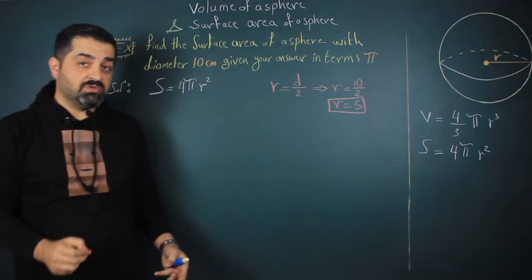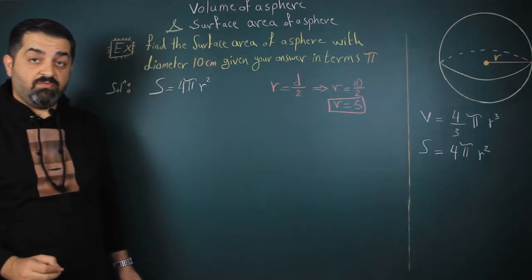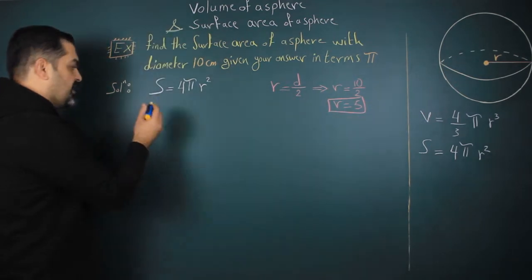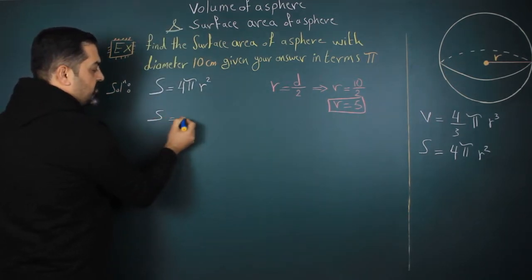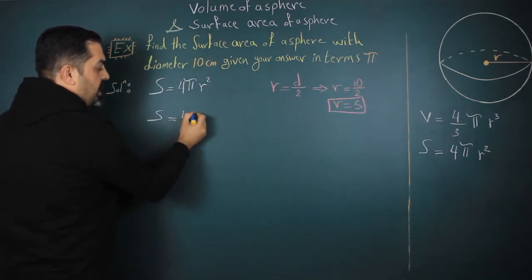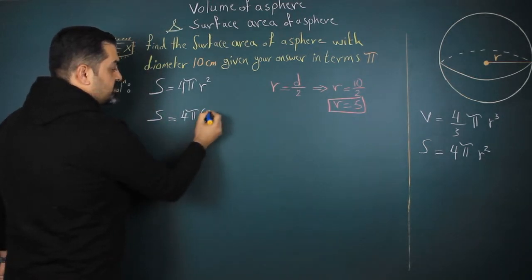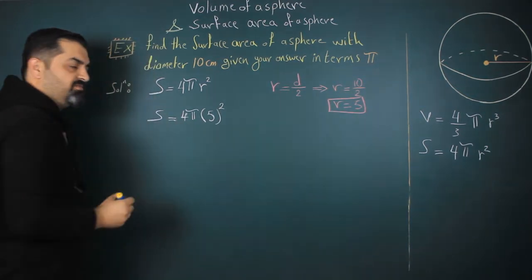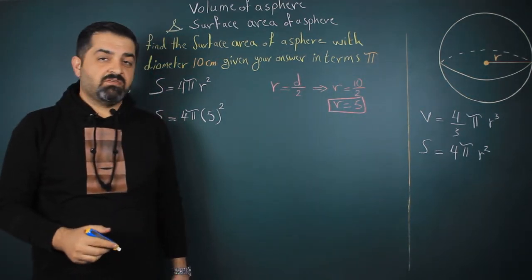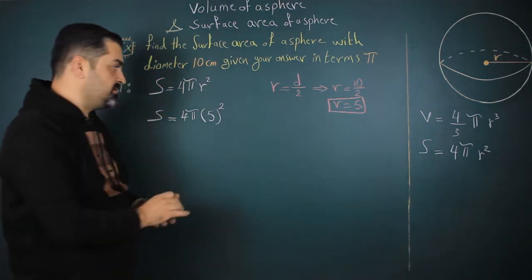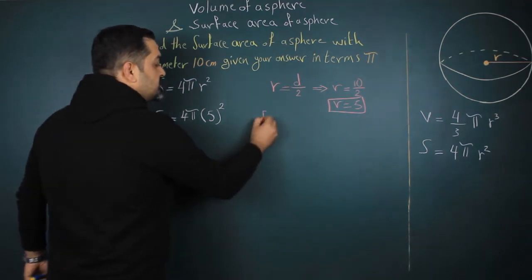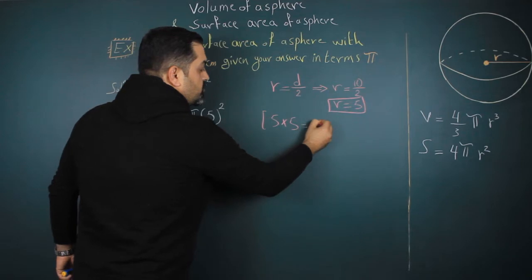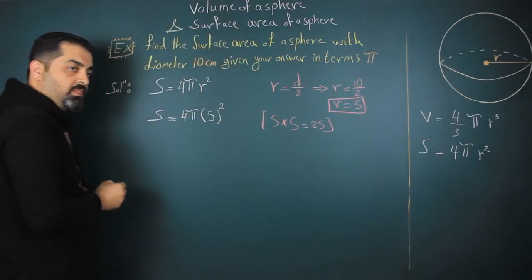All we need to do now is plug in the value of r in the equation of the surface area of a sphere. S is equal to 4 times pi times 5 to the power 2, 5 squared. 5 squared means 5 times 5, which is equal to 25.